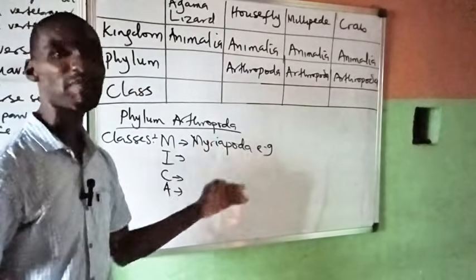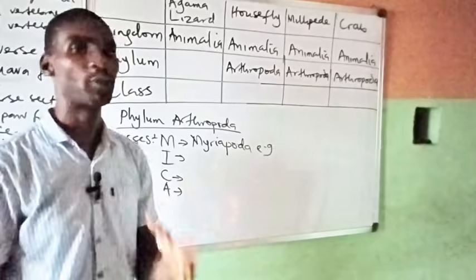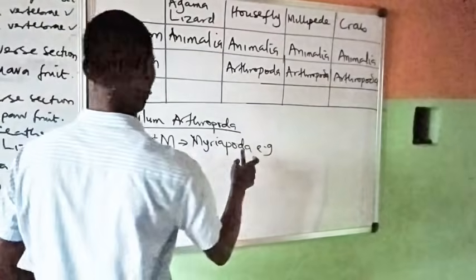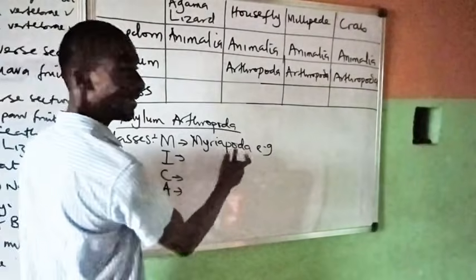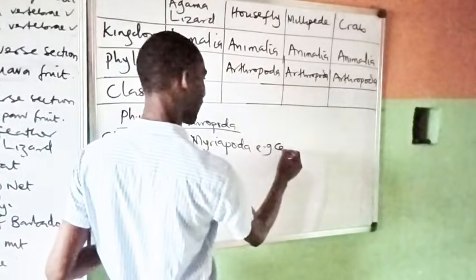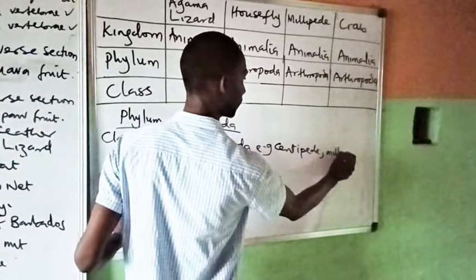Myria is from the word myriads. Myriads means many. So if I say there are myriads of opportunities, it means there are many opportunities. So Myriapoda means many legs. Organisms that have many legs, examples are centipede and millipedes.